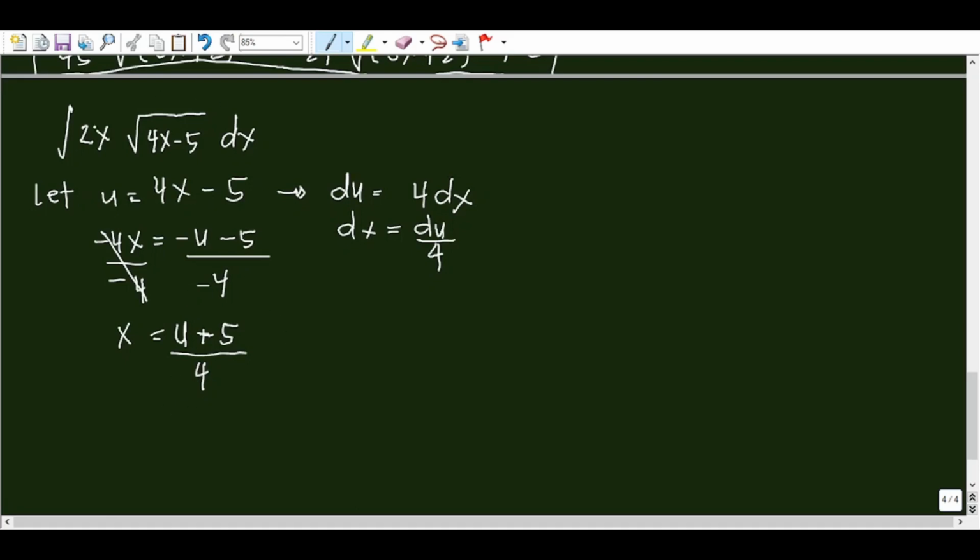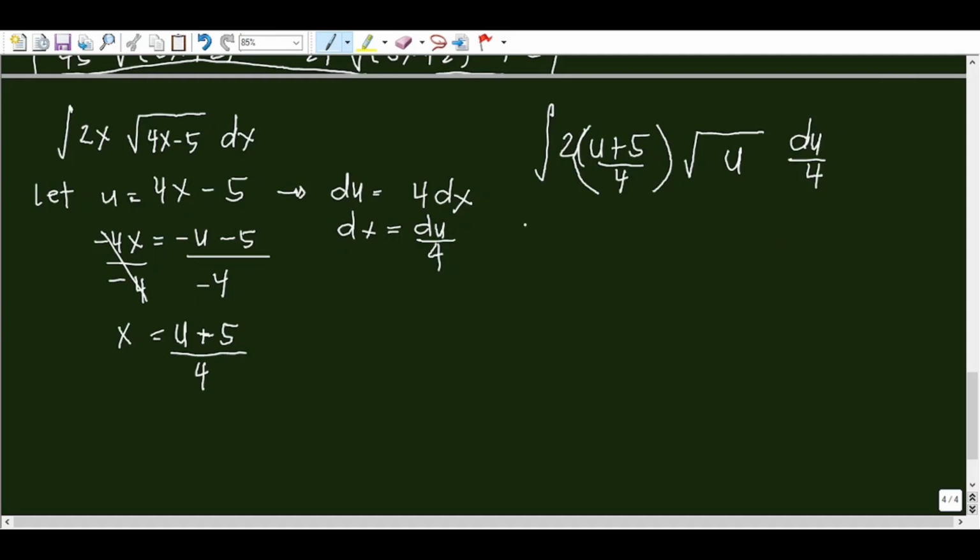Then, proceed tayo dito sa ating given. That is now equal to the integral of 2. Our x is u plus 5 over 4. That is our u. Then, the square root of 4x minus 5 is u. And our dx is du over 4.